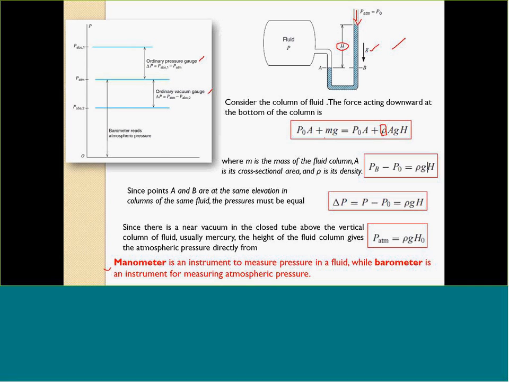Let me have a look in my notes. Okay, so the mass of the fluid column is related to the cross-sectional area. The pressure must be equal at the same level, such that the pressure P is equal to PA.